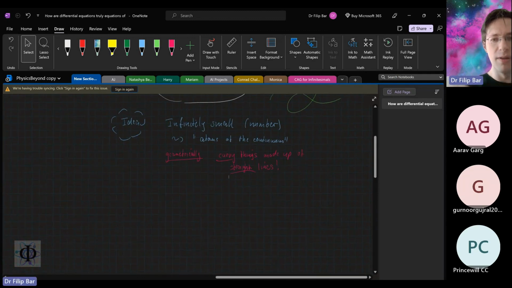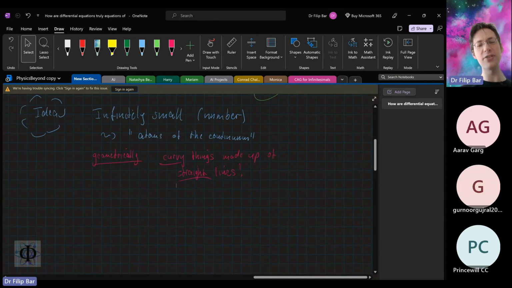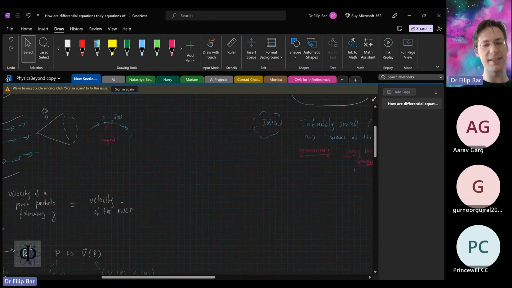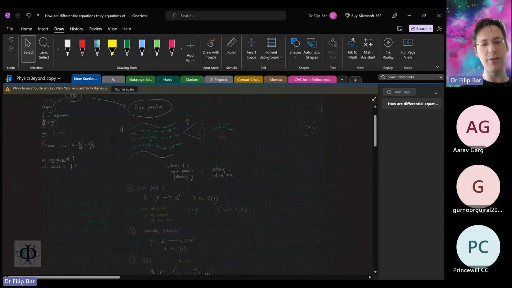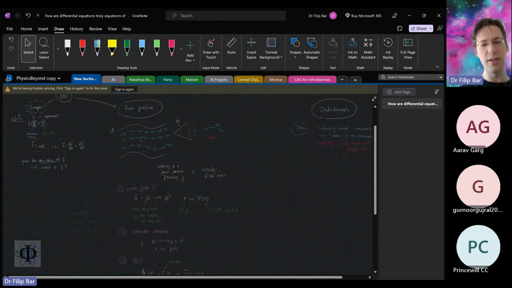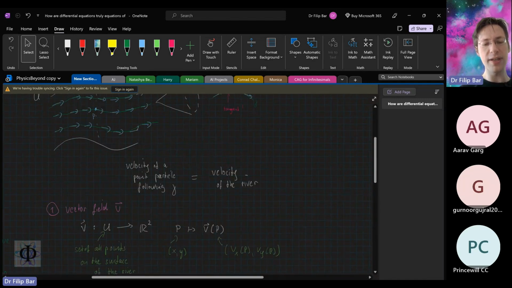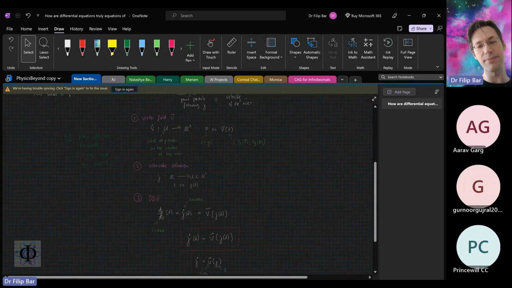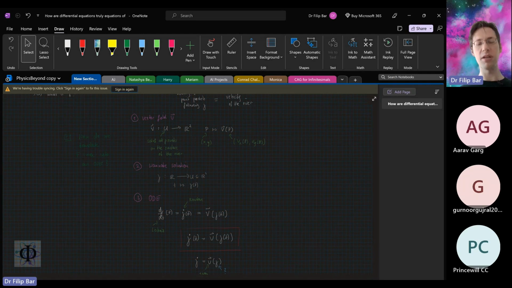How can I model things? I'm going to be using my idea, and I need to turn it into a mathematical definition. It's the same thing that we've been doing over here. We needed to turn an idea, an intuition, into a mathematical definition, right? And once we have a mathematical definition, we can do proper maths with it. We are not ambiguous, we're clear, we can calculate things. That's great.